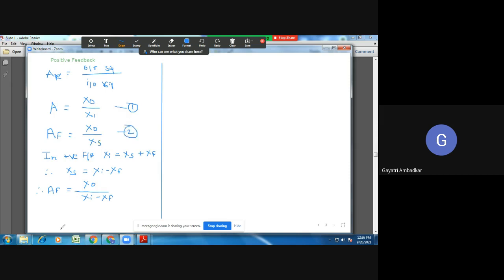Now what I do, AF is equal to, I divide every term by XI.